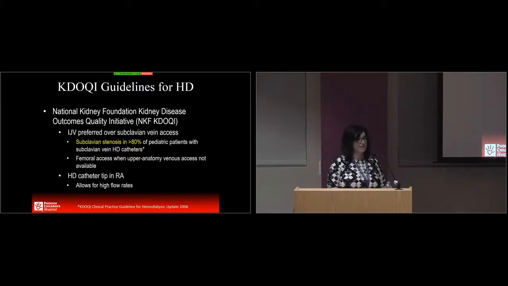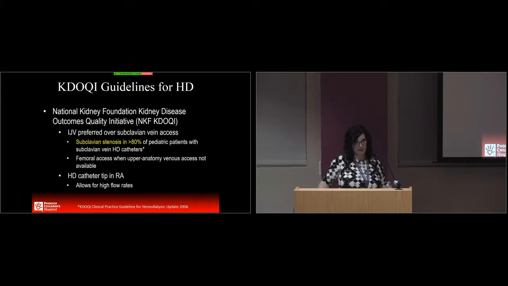And in 2006, there were specifications for hemodialysis catheters in pediatrics. One of the recommendations is that the internal jugular vein is preferred for access over the subclavian vein. There have been reports that over 80% of pediatric patients who have HD catheters placed in the subclavian vein have had subclavian vein stenosis.